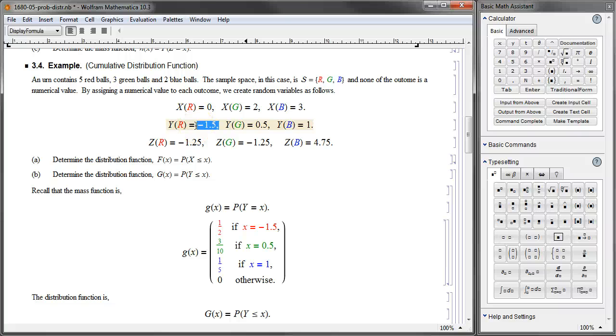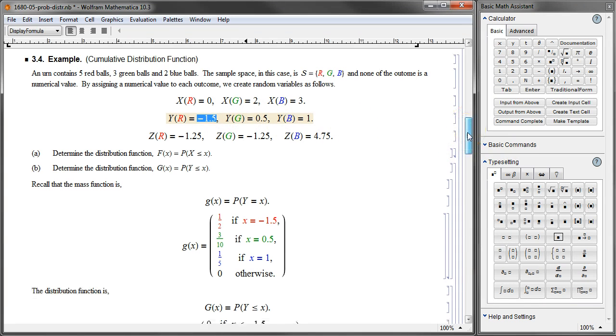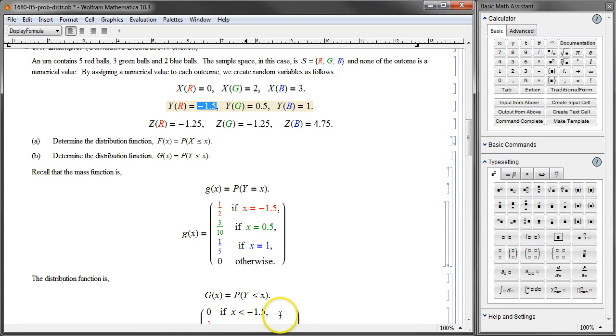That means y takes a value less than negative 1.5. That's when x is less than negative 1.5. And that's impossible. It can begin with negative 1.5 and on. So what's that probability? 0. And then at x equals negative 1.5, red ball kicks in.